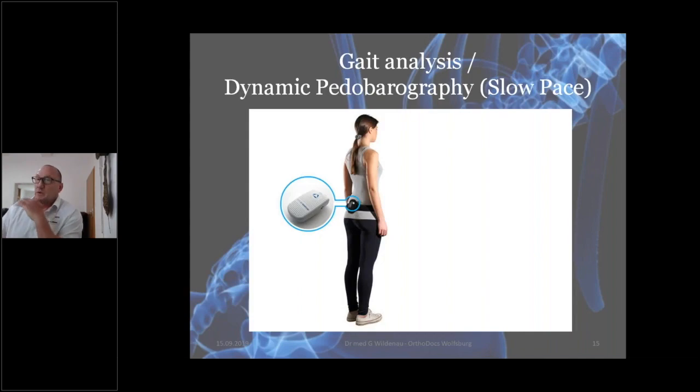So this device, we only have to attach it to the lumbar spine, L5S1. It gives us the option to measure the movement of the pelvis, the sacral bone, and the lumbar spine.